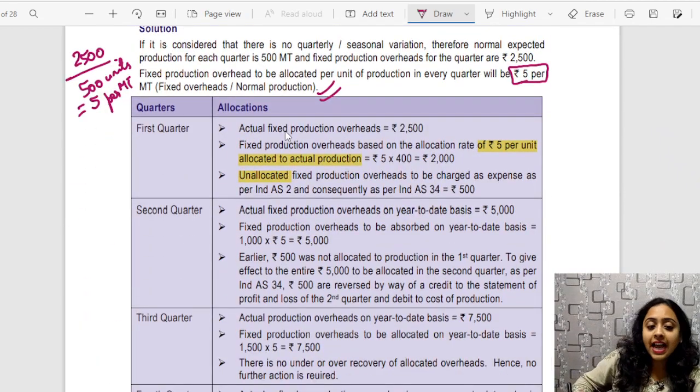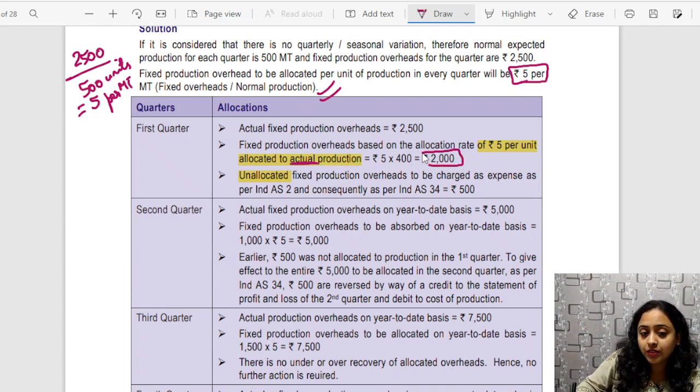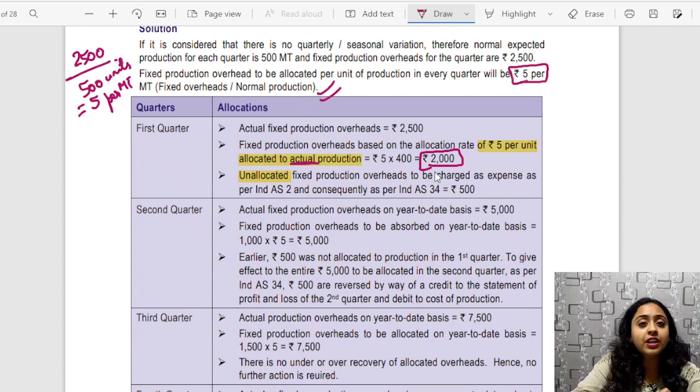See, actual fixed production overhead is 2500. Fixed production overheads based on the allocation at rate 5 per metric ton allocated to production, actual production is 5 into 400, that is 2000. So you will not defer, not anticipate. You will just record it as per the actual production. So 2000.